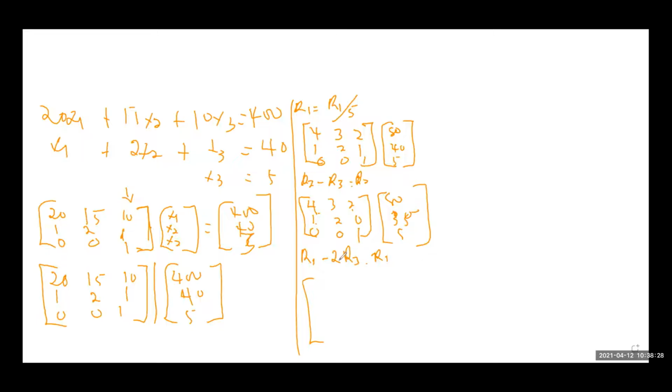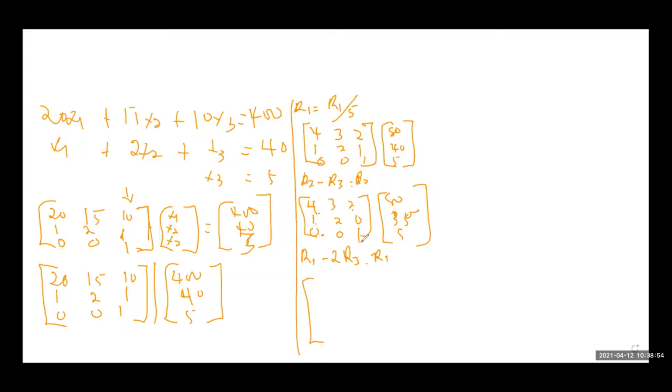So 2 times row 3 here, this is 0. Whatever operations you do, try and change more than one element. If you keep changing only one element, you end up doing more process. Is that okay? Yes. So it looks okay.